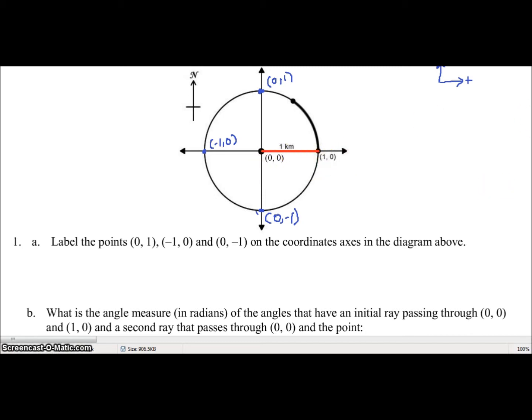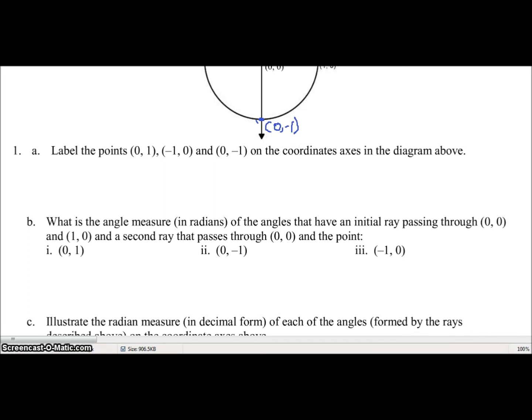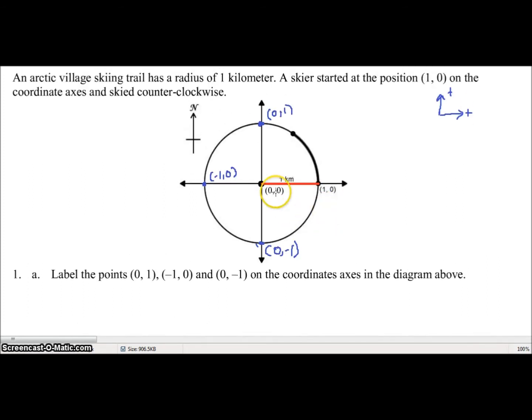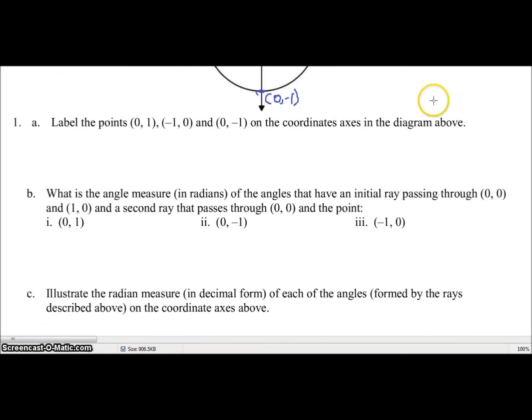And then our next ray, let's call this one green, goes through (0, 0) and (0, 1). So it goes this way. And so what is this angle here in radians? There are pi over 2 radians.